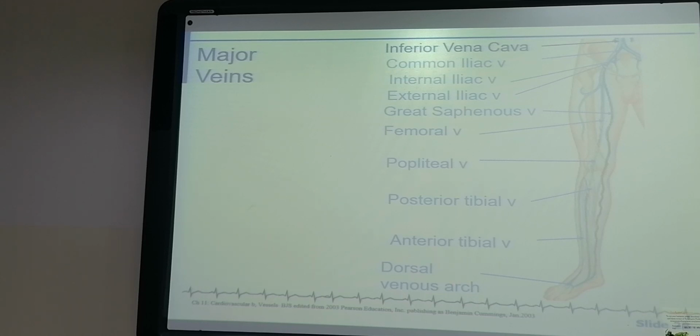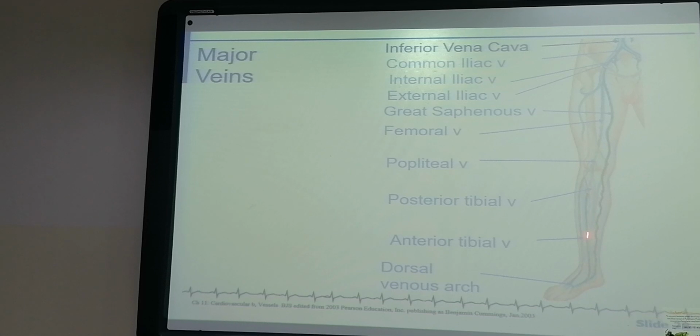So again, the dorsal arch, and from it the blood will go up through three veins: the anterior tibial, the posterior tibial, and the popliteal vein.